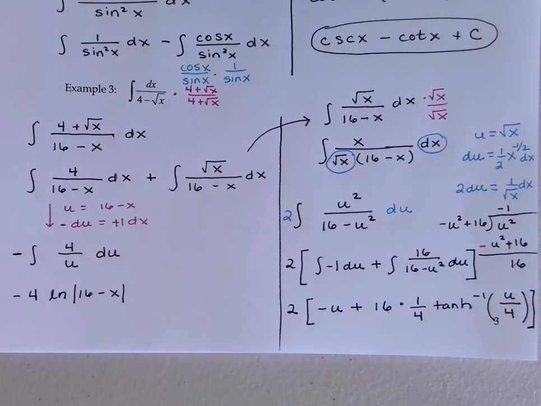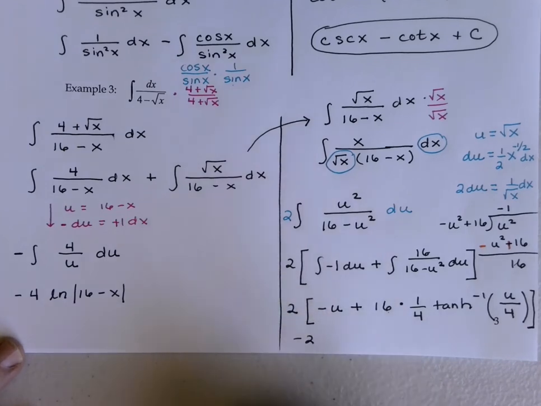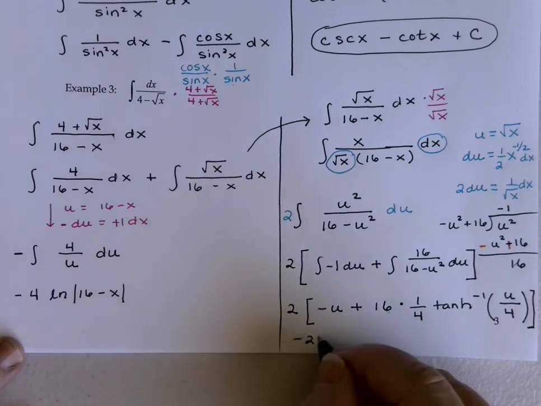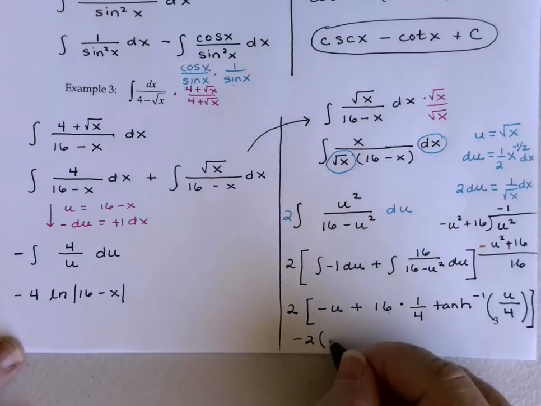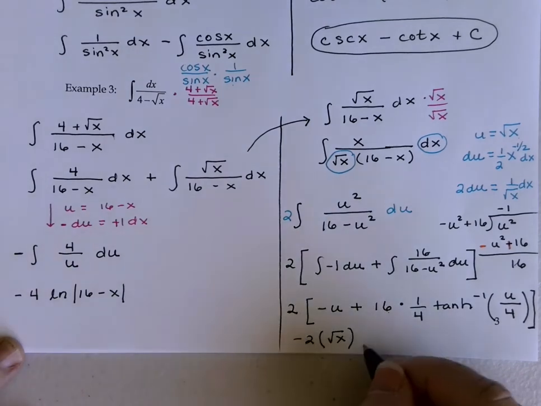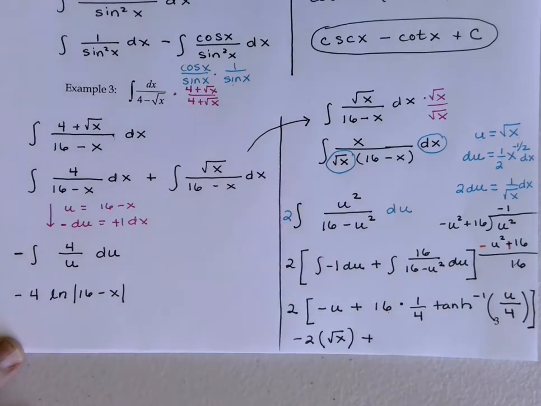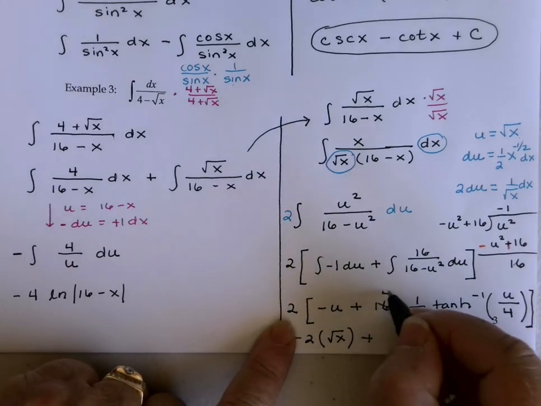Phew, all the integrals are done. Yay! Let's see if we can finish this one up. That would be a negative 2u, but u is actually the square root of x way back up here. Plus, let's see, that would be 4.